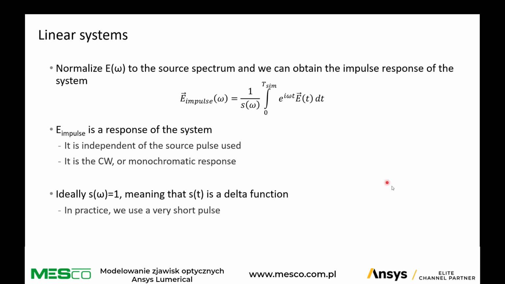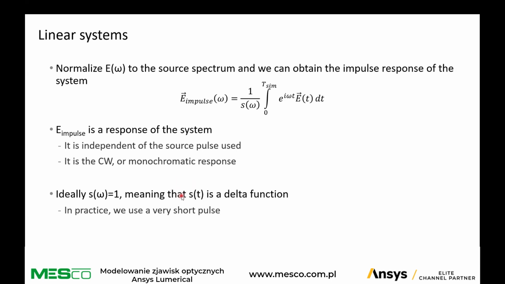Why we do that is, ideally, if you inject light from a source, the easiest way you could think of is to inject light with a constant spectrum. So you have the same energy, the same intensity at every wavelength or every frequency. But the problem is, because we're in the time domain, having a constant spectrum would mean that the time domain description of the light that we inject in a simulation would be a delta function.